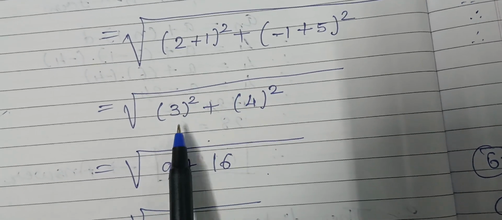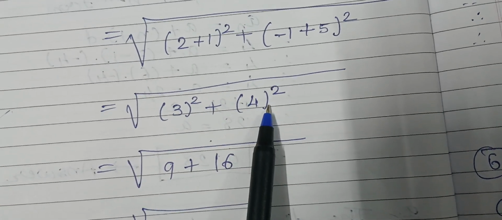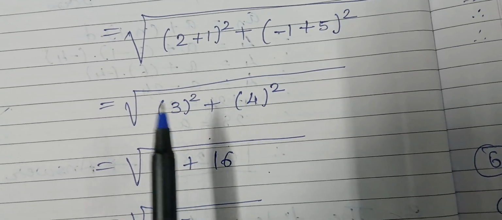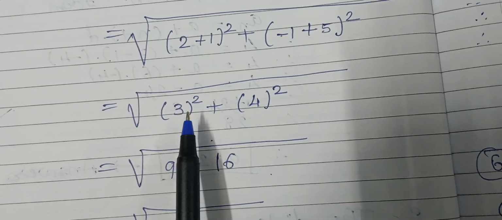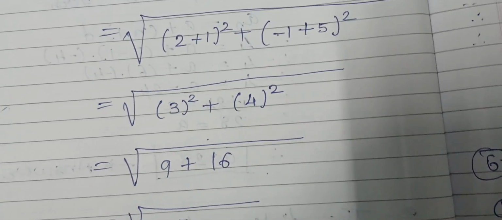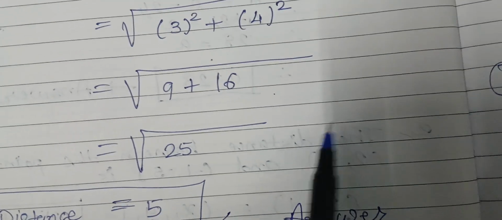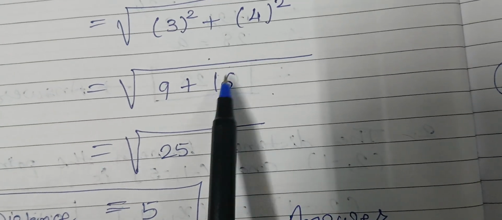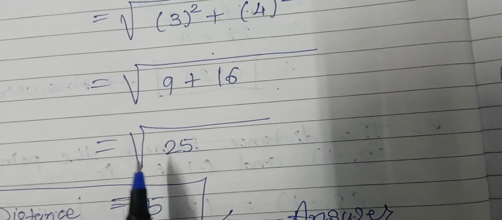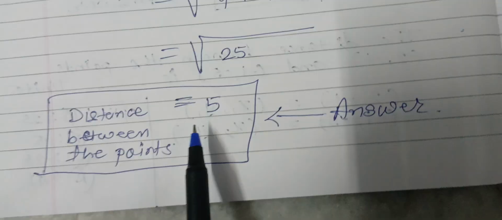We have to calculate these numbers first, and whatever outcome comes, then only we can take the square root. So 3 square is 9, 4 square is 16. This we all know. Now 16 plus 9 is 25, and the square root of 25 is 5.